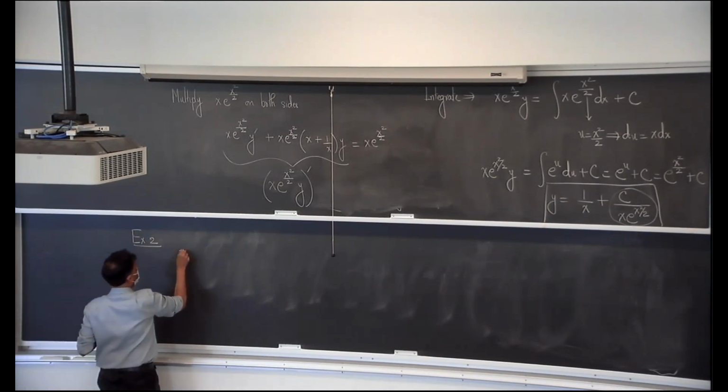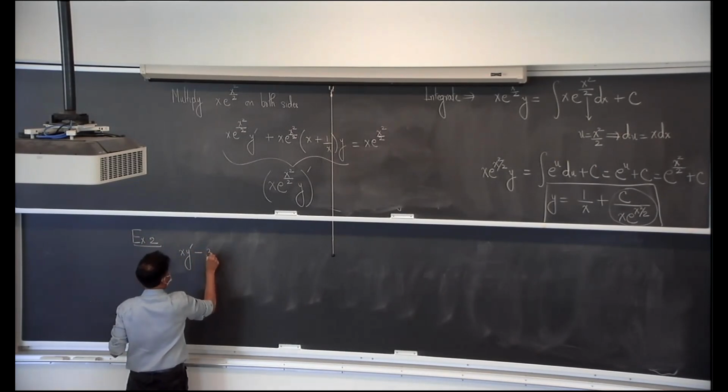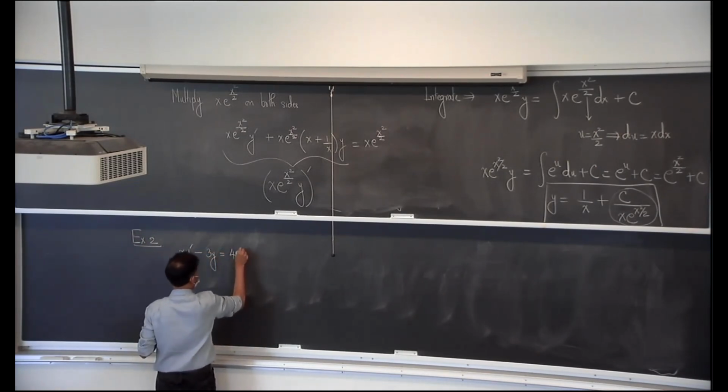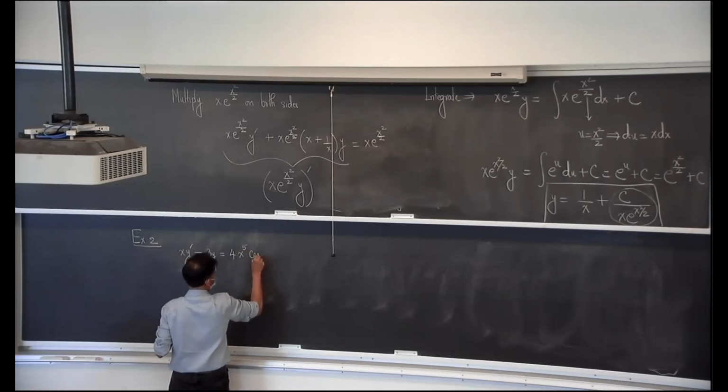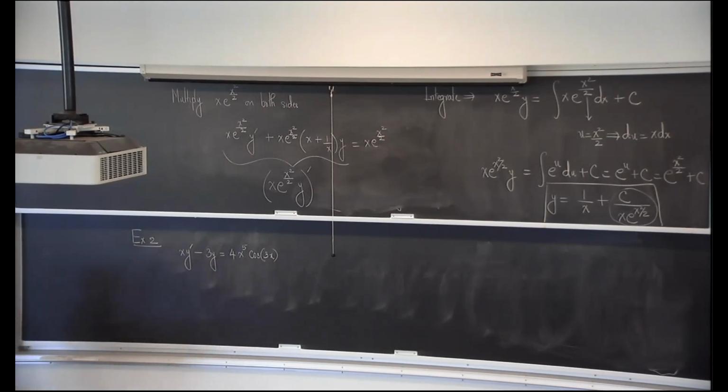Let's see. All right, this one. x y prime minus 3y equal to 4 x to the power of 5 cosine of 3x. Find the general solution to this.